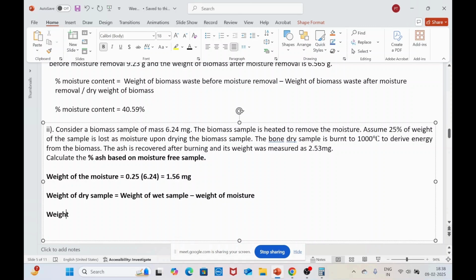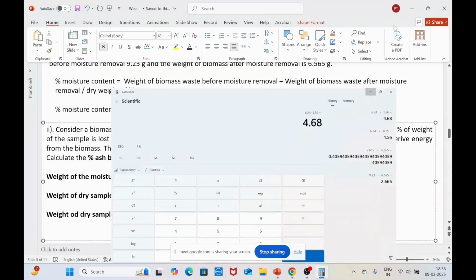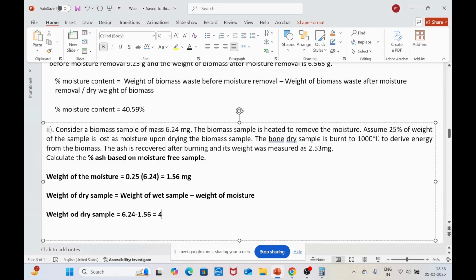So the weight of dry sample is 6.24 minus 1.56. Let's calculate: 4.68. 4.68 mg. So this is your weight of dry sample.